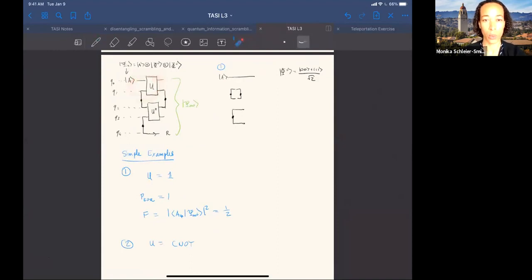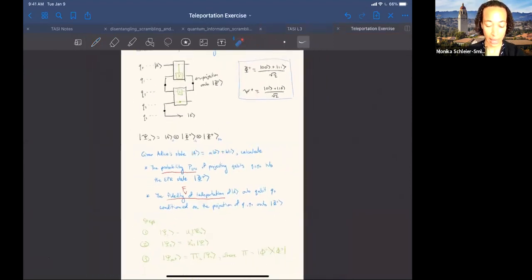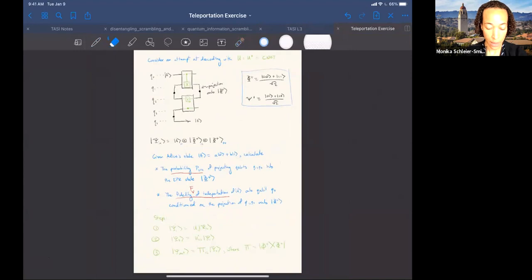I don't really want to use a random unitary, since it's annoying to calculate. I want to give some intuition from a simple case. So if I had, for example, a CNOT gate here, then U here is my CNOT gate. It means if qubit 0 is in the 1 state, we'll flip qubit 1. If it's in the 0 state, we'll do nothing.